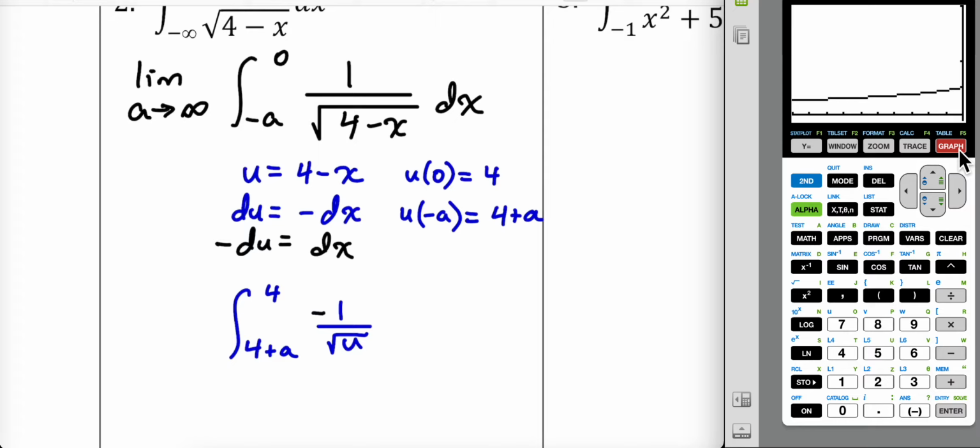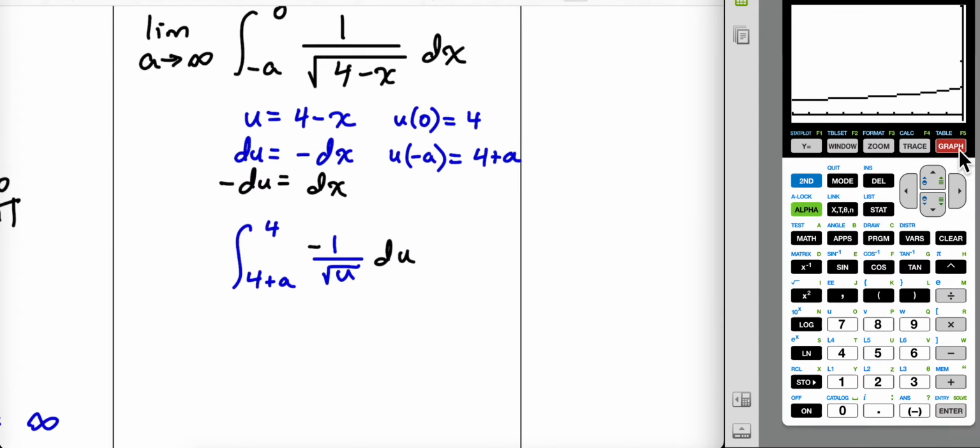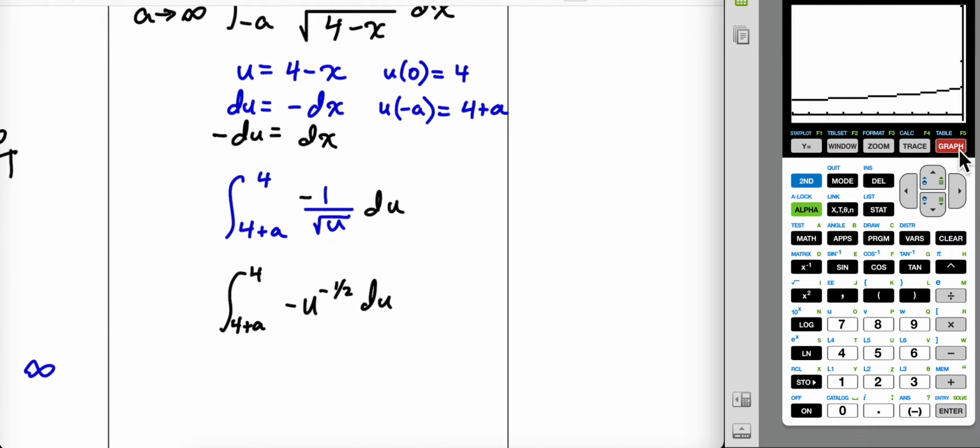So this is going to become negative, and I'll slap on a du here. So then negative u to the negative 1/2 du over the stated interval, 4 plus a to 4. We'll worry about the limit after the fact.